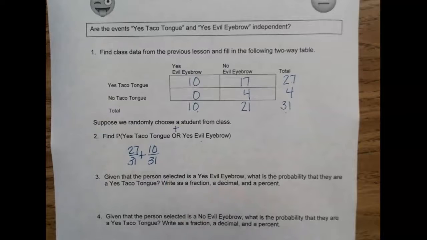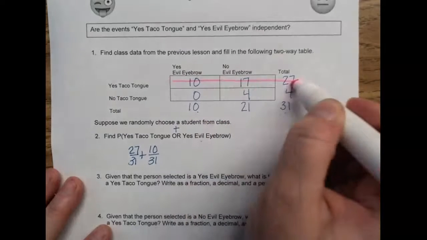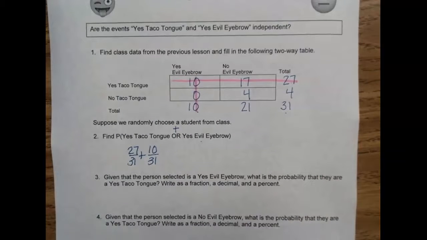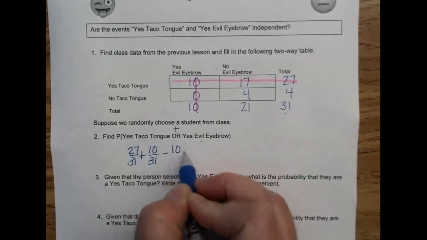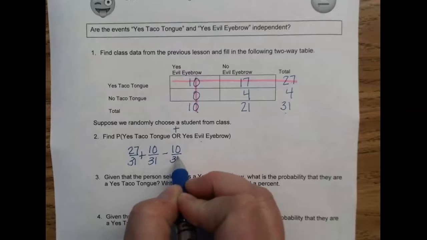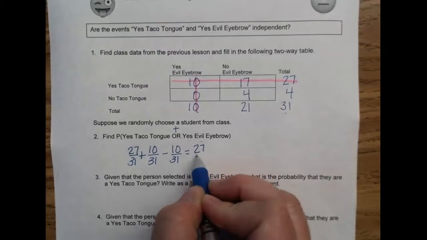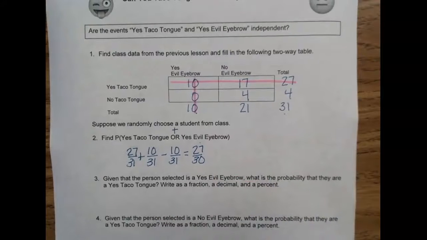But remember, in the last video, we counted those 10 people 2 times, and we don't want that to happen, so we're going to subtract off the overlap. It just happens to be that same number. It's not always. And we get 27 out of 31.